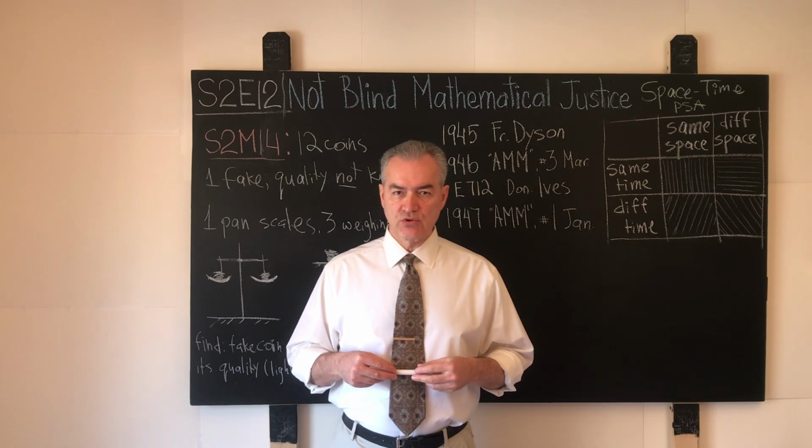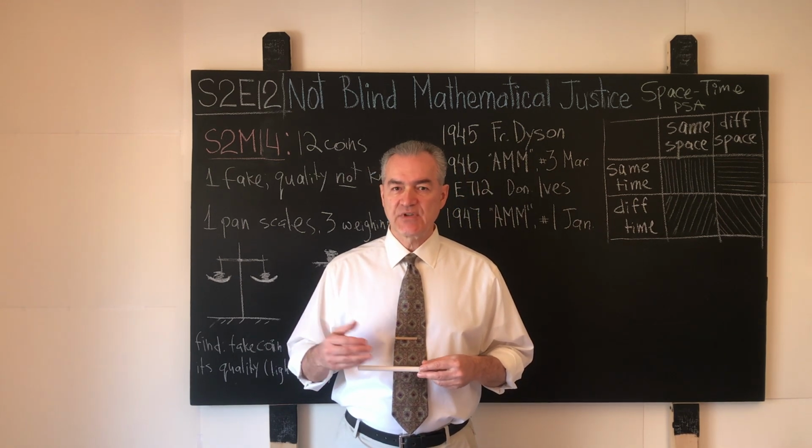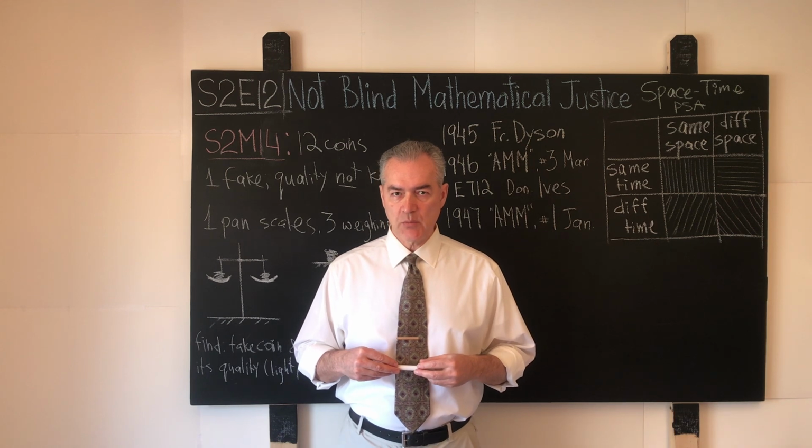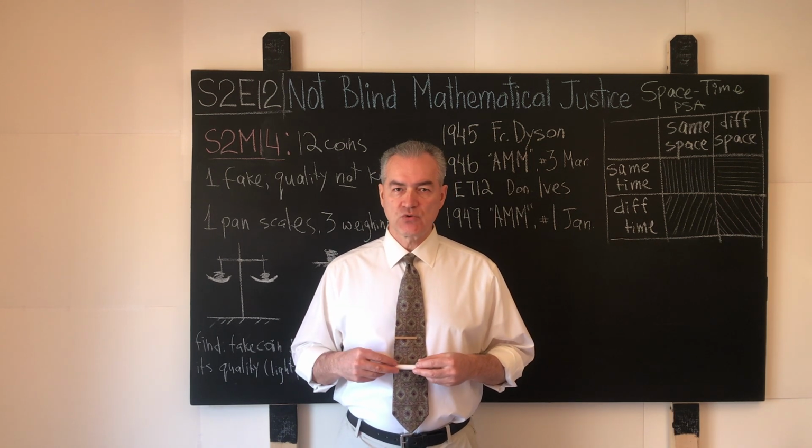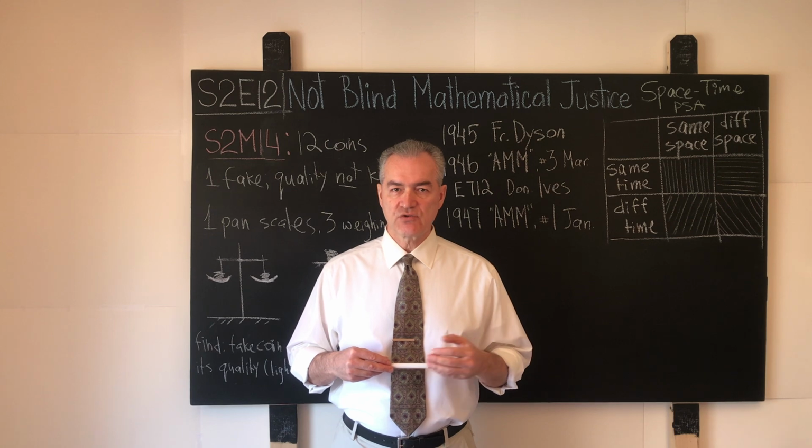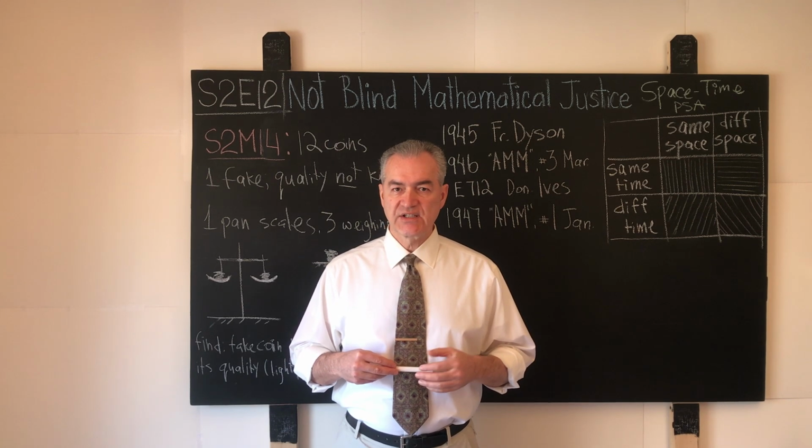In this episode, we will develop an adaptive solution of a fake coin detection problem, and in the following episode, we will look at an introductory level solution that is non-adaptive.